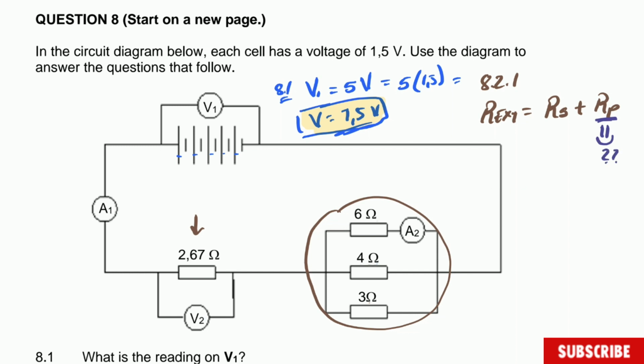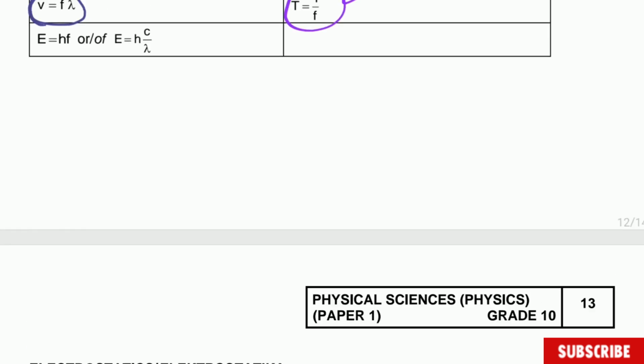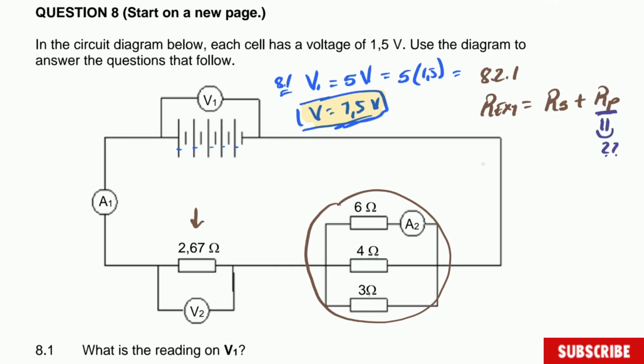Now for the R parallel, here you have the formulas. This formula here is for resistors in parallel. That one is the one that is going to help us there. So here we're going to write 1 divided by RP is equal to 1 divided by R1 plus 1 divided by R2 plus 1 divided by R3, because we have 3 resistors.